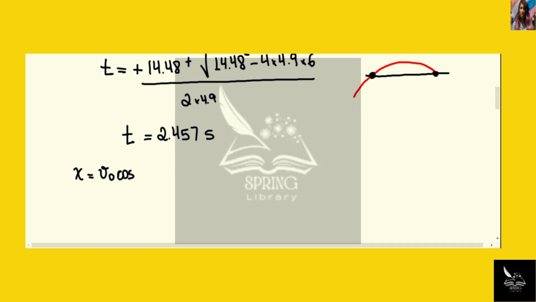And x is equal to v0 times cosine of theta. Actually, here it's cosine of 53 times t, so this is 18.13 meters per second, times the cosine of 53 times 2.457 seconds. And here we have that x is equal to 26.8 meters.